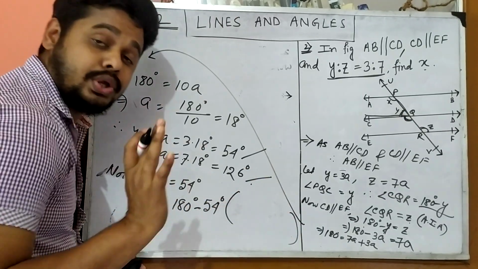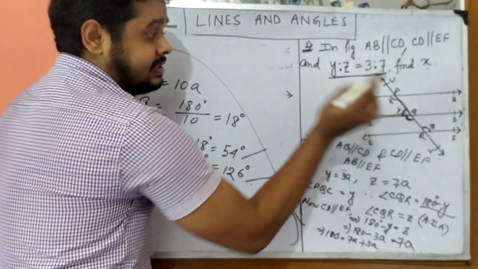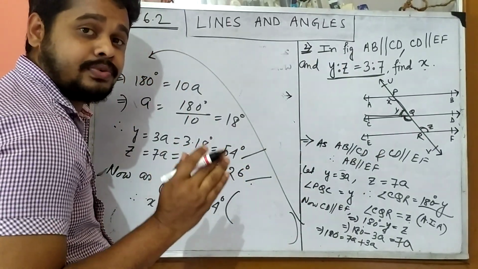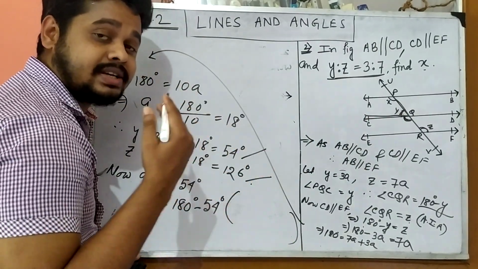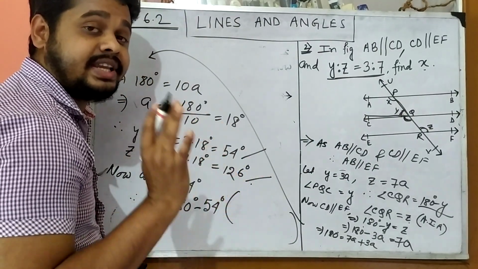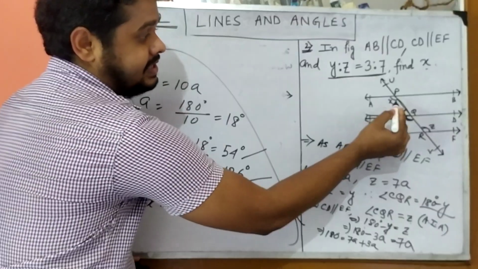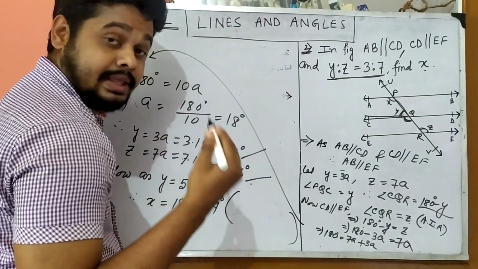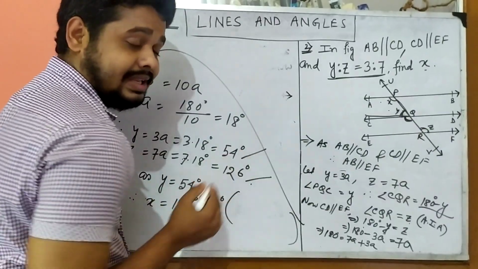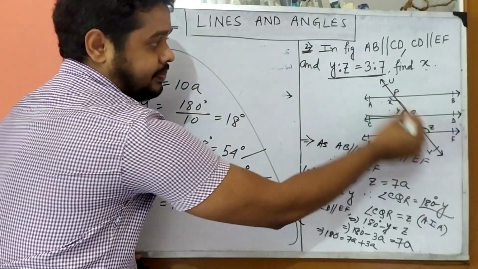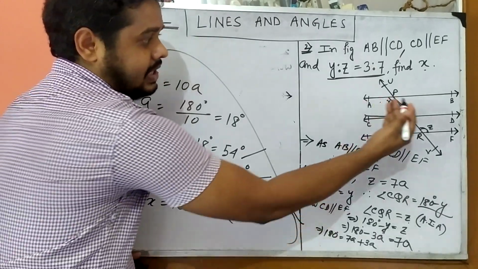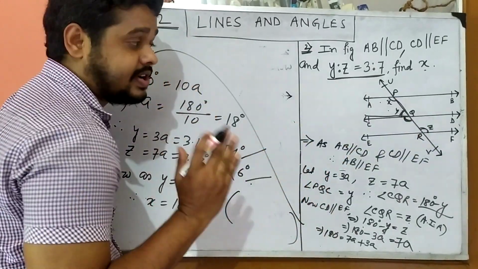Why? Because we know the property: the sum of interior angles on the same side of the transversal is 180 degrees. See, x and y are both interior angles on the same side of the transversal. If UV is our transversal, they lie on the same side of the transversal.